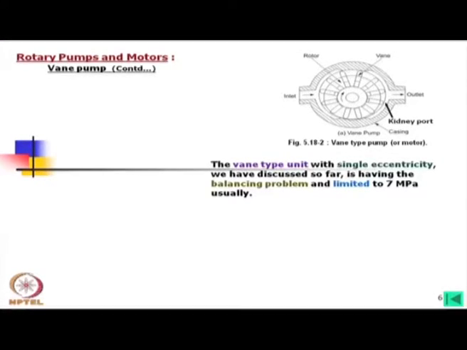The vane type unit with single eccentricity has a problem. This is called the balancing problem. We can see that although this rotor, or sorry, this barrel, the vane carrier, is rotating about the shaft, which is mounted on center, due to this there is no imbalance.